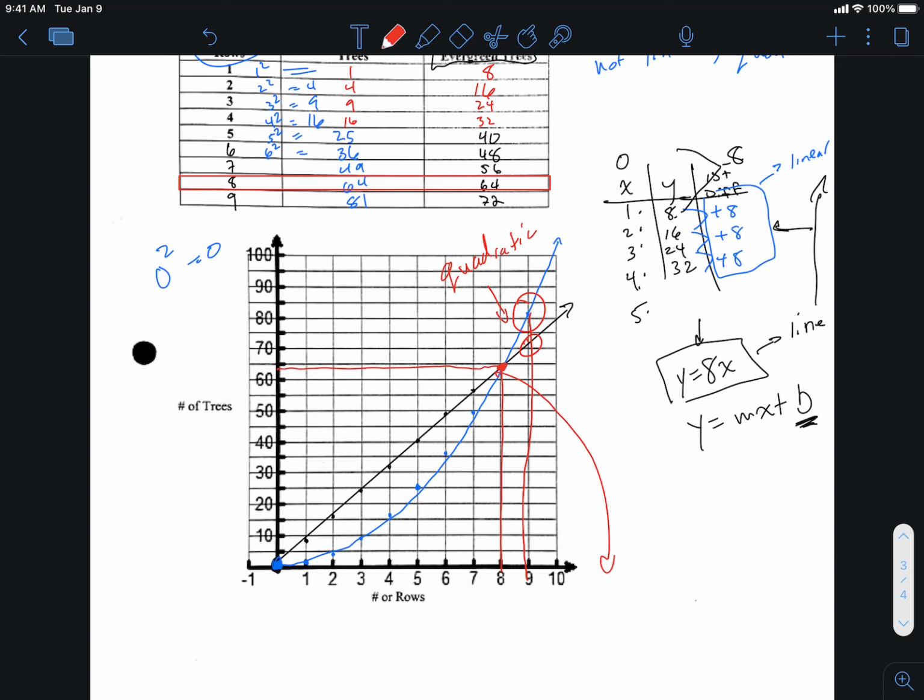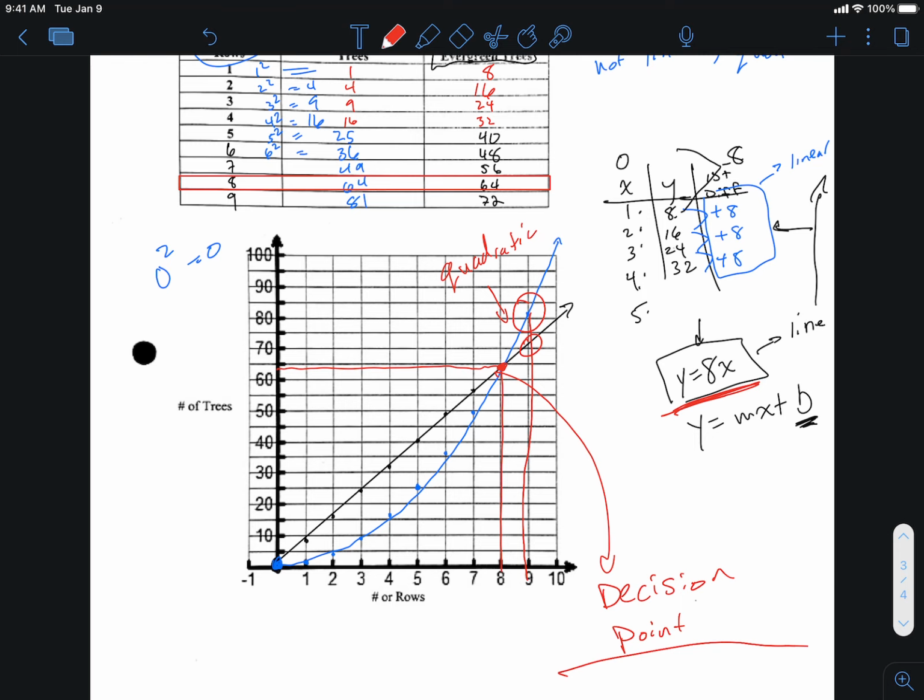So again, we're just looking at the fact that this point of intersection is a decision point. And the difference between this and the stuff that we have been doing is that the blue graph is not a line. But the black graph is a line, which can be modeled by this.